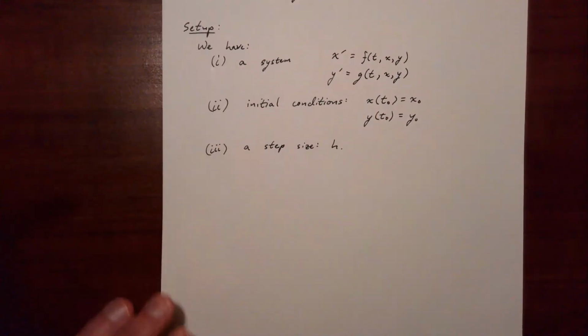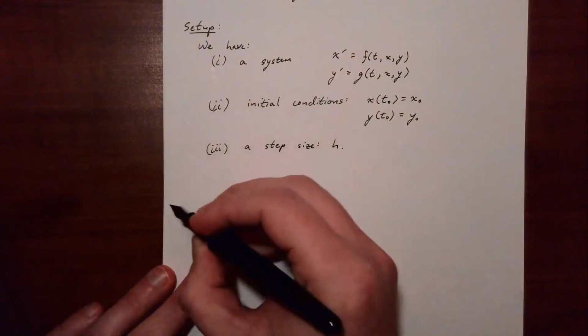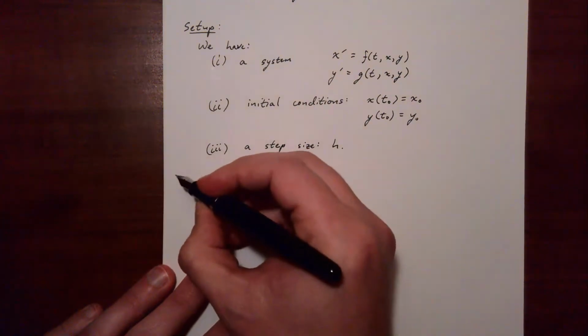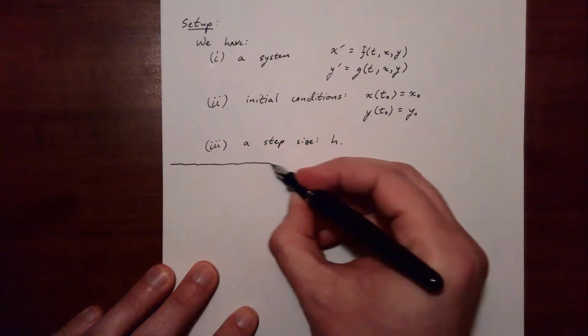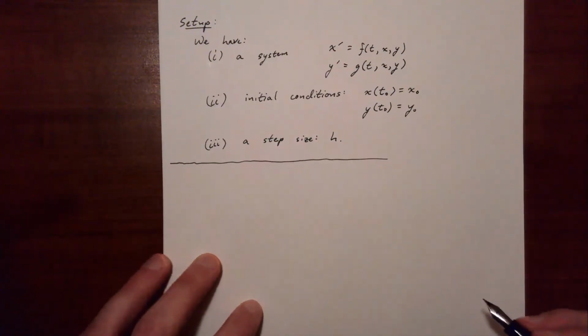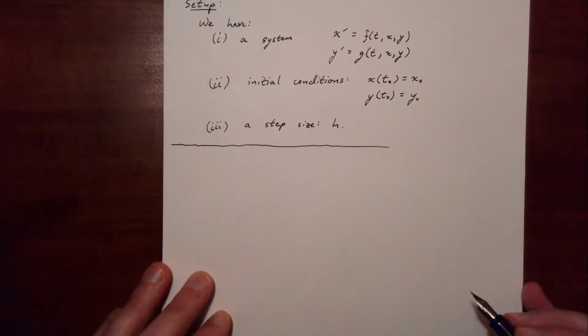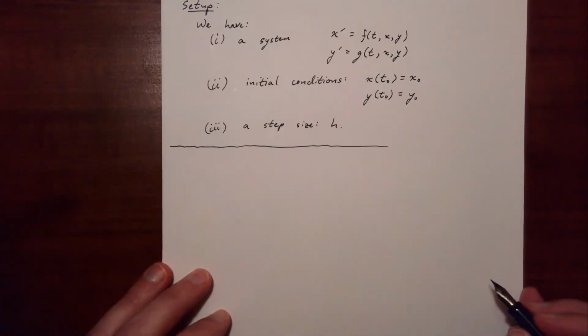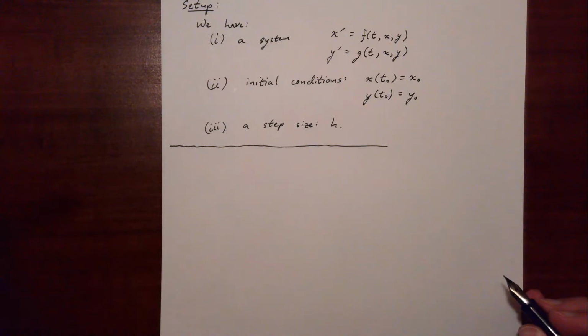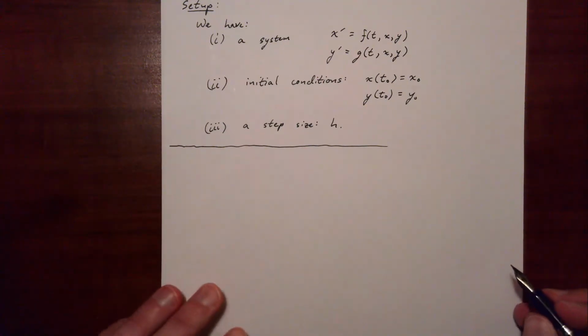Now, every numerical method relies on using some trick that involves the differential equation to get an approximation for the slope that will help us go from one function value to the next. And the same is true here, it's just that we need to have an approximation for the x and an approximation for the y.